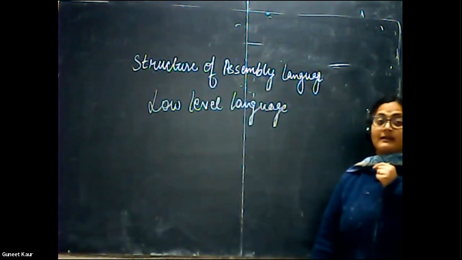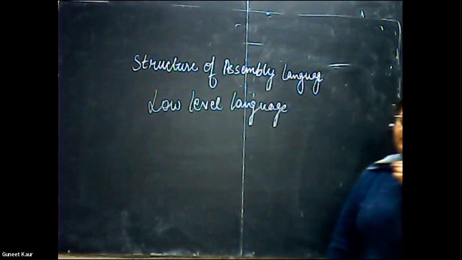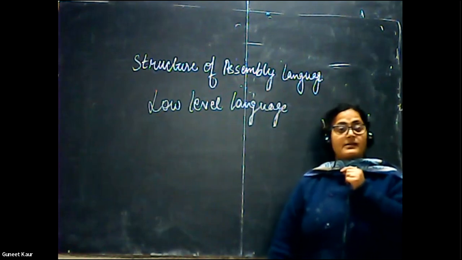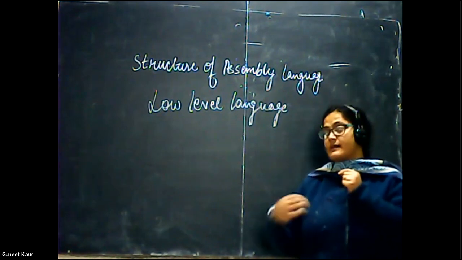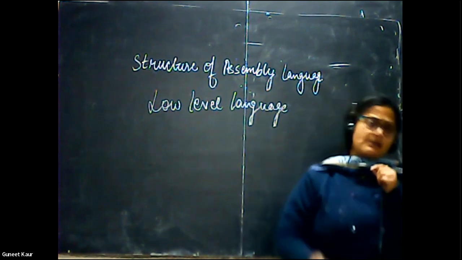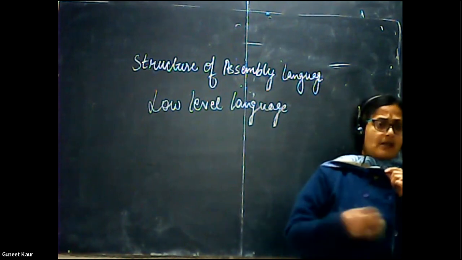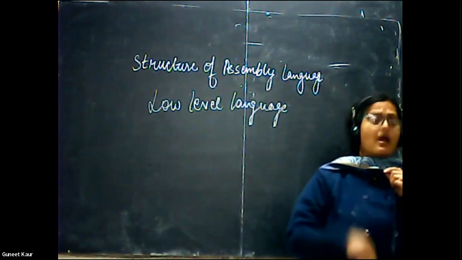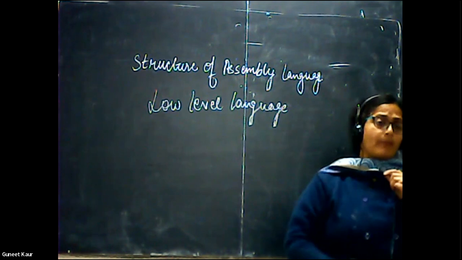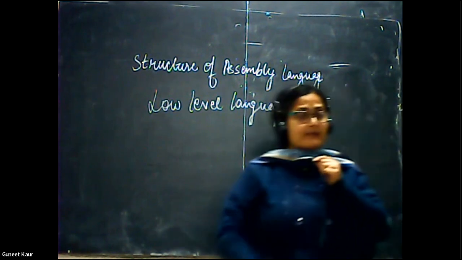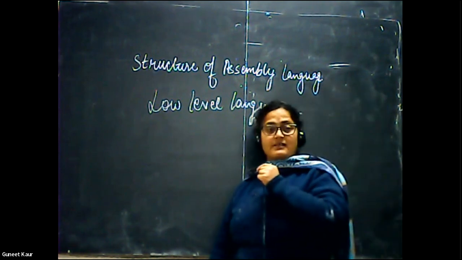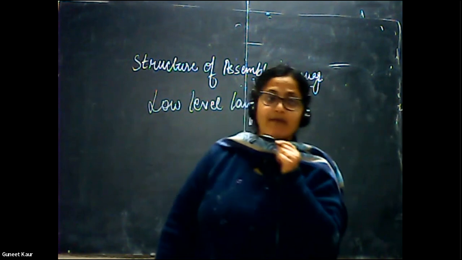Because it directly deals with the internal structure of the CPU, that is the CPU used by the 8051. It directly deals with the internal structure, meaning how many registers are there, how many registers are 16-bit, how many are 8-bit, how the instructions will be moved. It needs knowledge of how many input output ports and input output pins are there, so it deals directly with that. Because it deals directly with the internal structure, this language is known as a low level language.